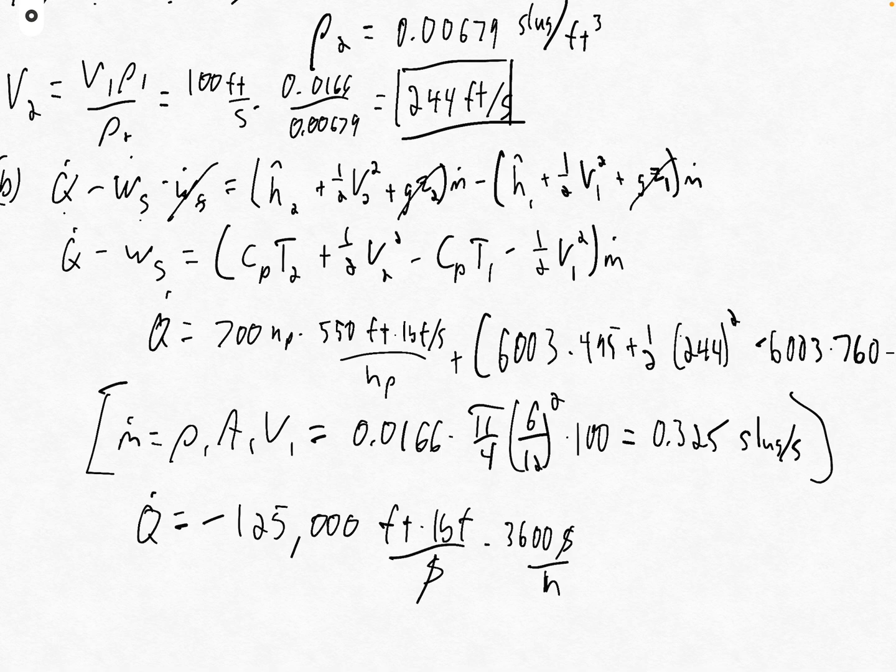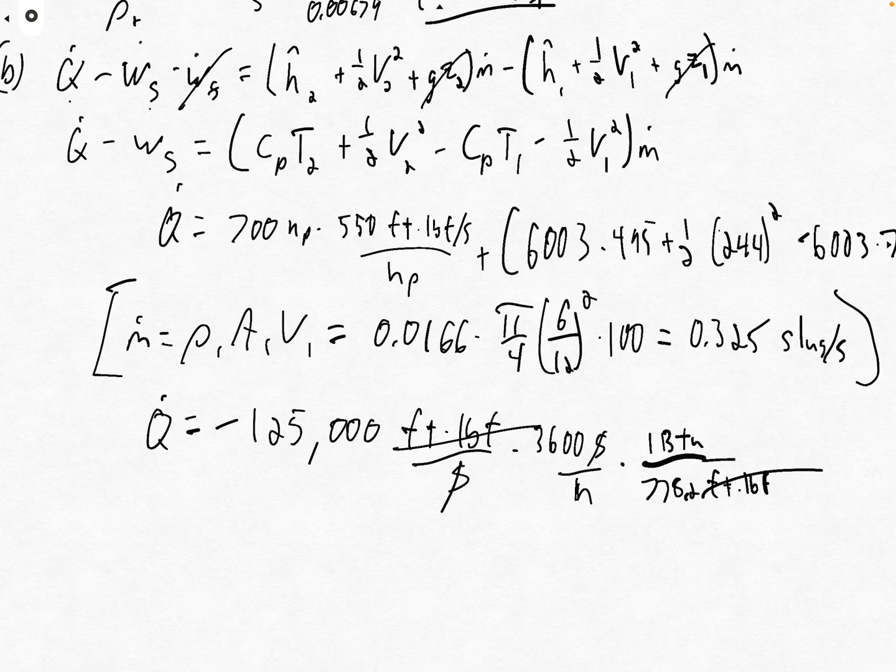And then now we have to get to BTUs. So we will multiply by 1 BTU per 778 feet times pound force. Noting again that this term is going to drop out, and we're left with BTUs per hour. If we plug this all in, we get Q dot is equal to minus 578,000 BTUs per hour.